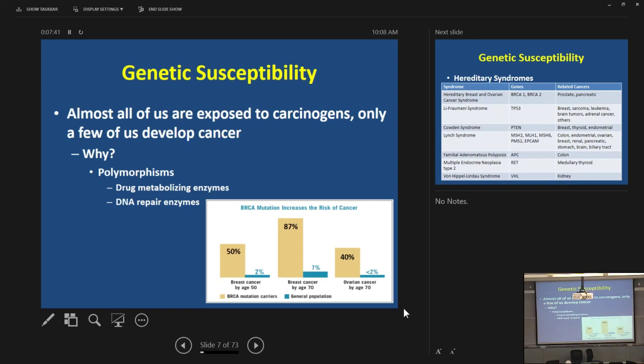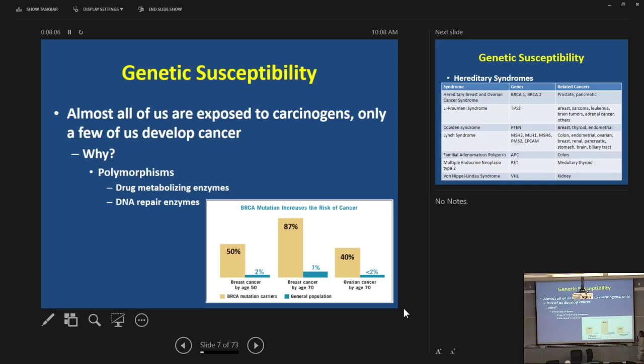So why is it that when we're all exposed to these same things, not everybody gets cancer, right? You hear these stories of people who smoke for 60 years every day, and they never get lung cancer, right? And then my mom never smoked in her life, developed stage 4 lung cancer, and died. So how does that happen, right?